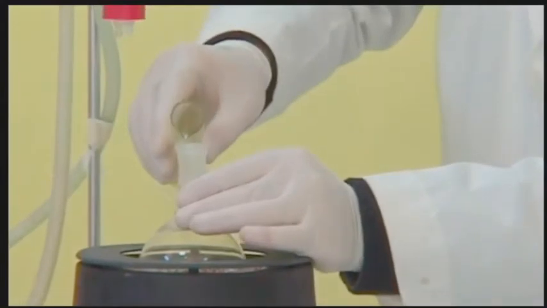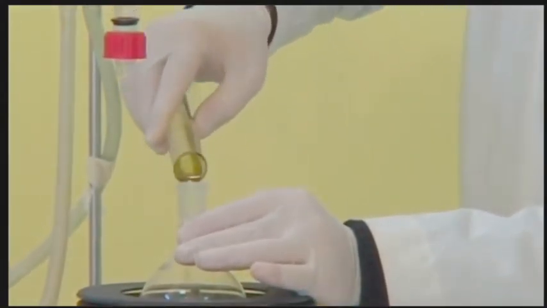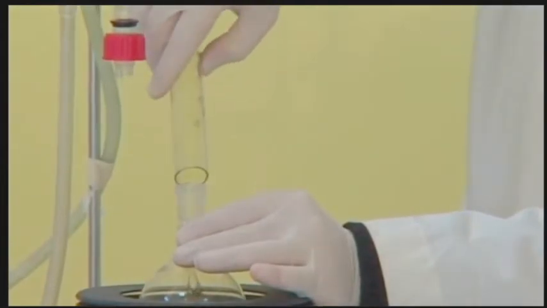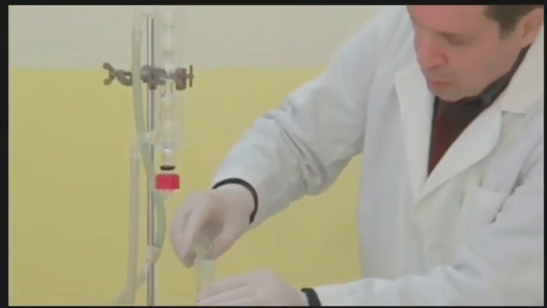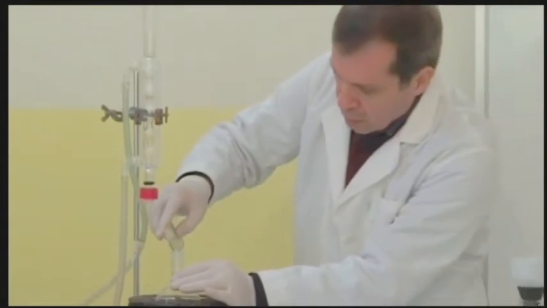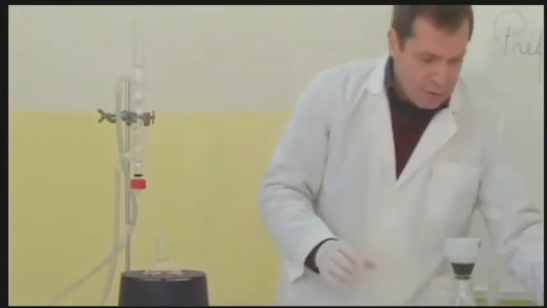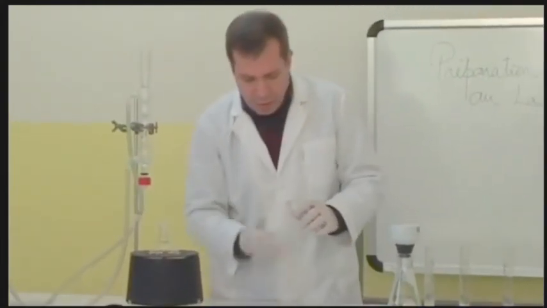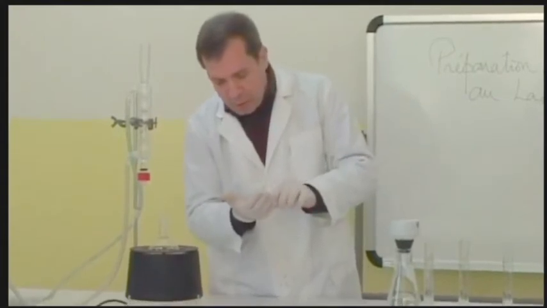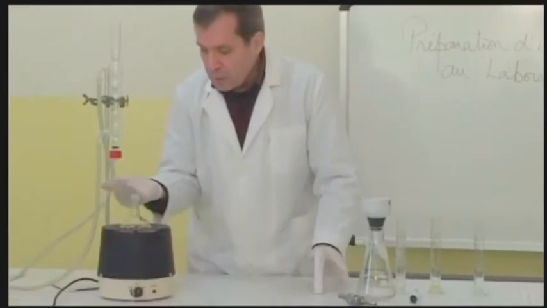Then the olive oil, then the ethanol, add a few grains of pumice to homogenize the boiling temperature in the flask while heating the reaction medium.